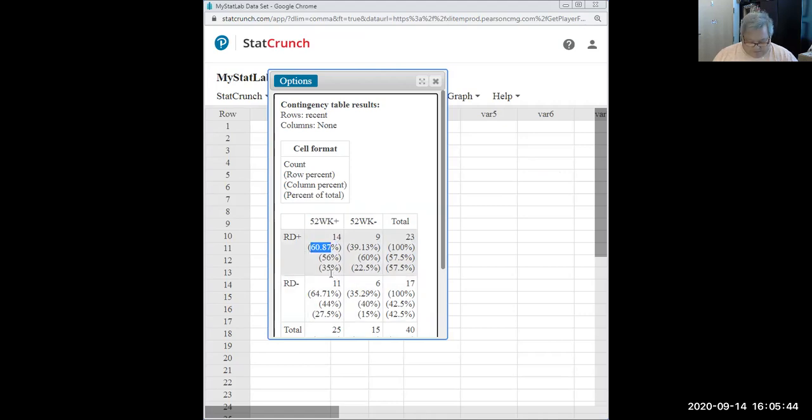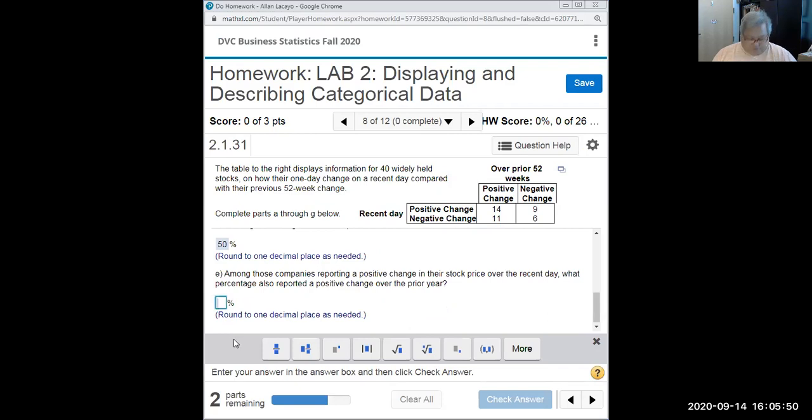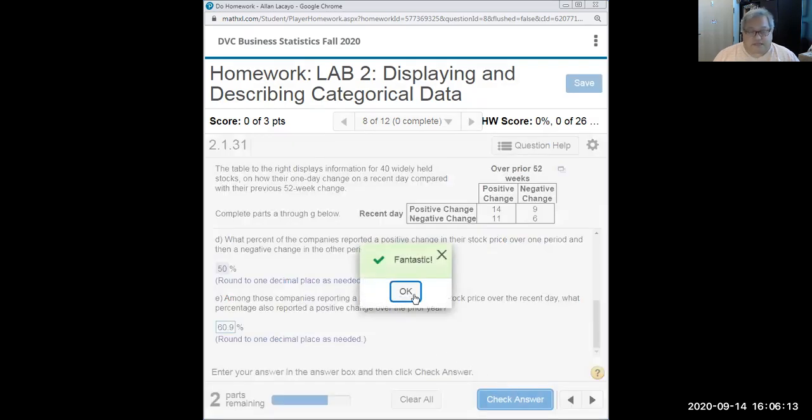So that's going to be the percentage that will help us answer this particular question. Notice how the format says rounded to 1 decimal place as needed, which means it's not done exactly right. I need to change that 60.87 to 60.9% so that it's rounded to 1 decimal place. And upon checking the answer, I get the answer right.